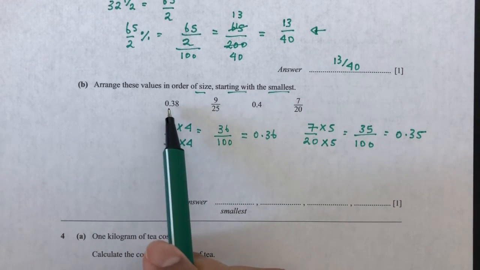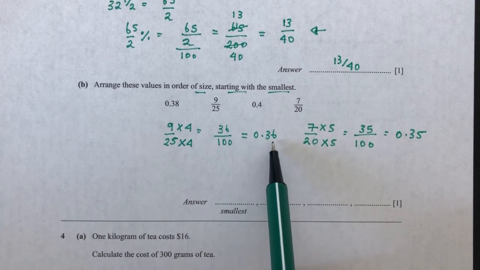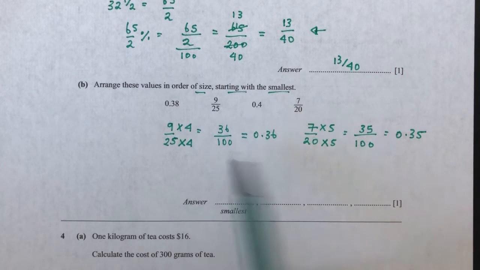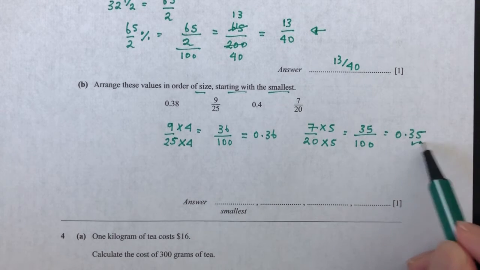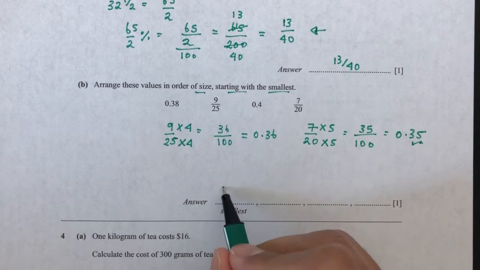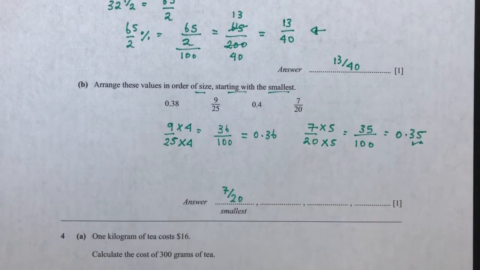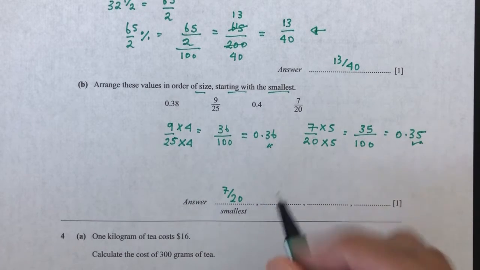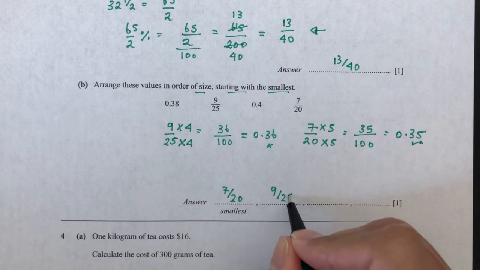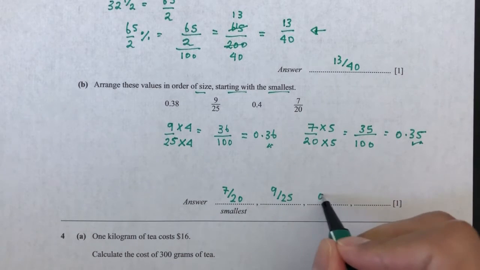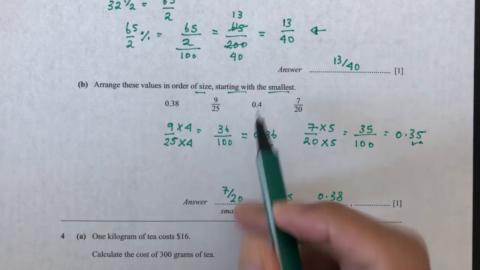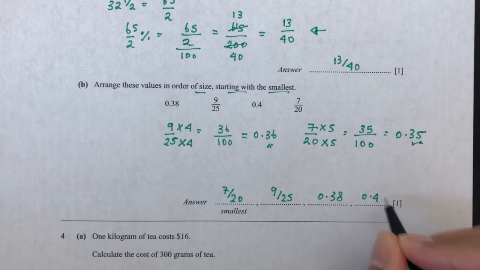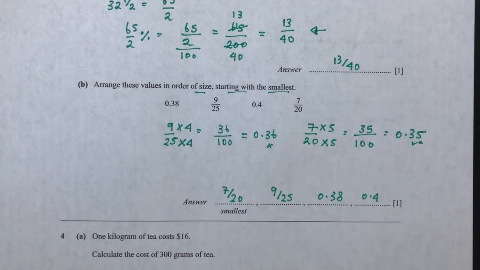We have 0.38, 0.36, 0.4 and 0.35. So 0.35 is the smallest, which means 7 over 20 is the smallest. The next one will be 0.36, which is 9 over 25. The next one will be 0.38, and the largest number will be 0.4.